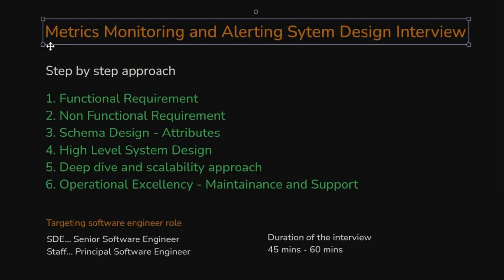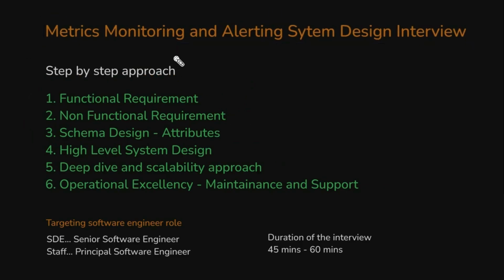So what does this system do? Let's start with the core functionality of the system. Metrics monitoring is something we already discussed in our previous system design interviews as part of operational excellence, where we wanted to monitor the performance of the system which we have designed.